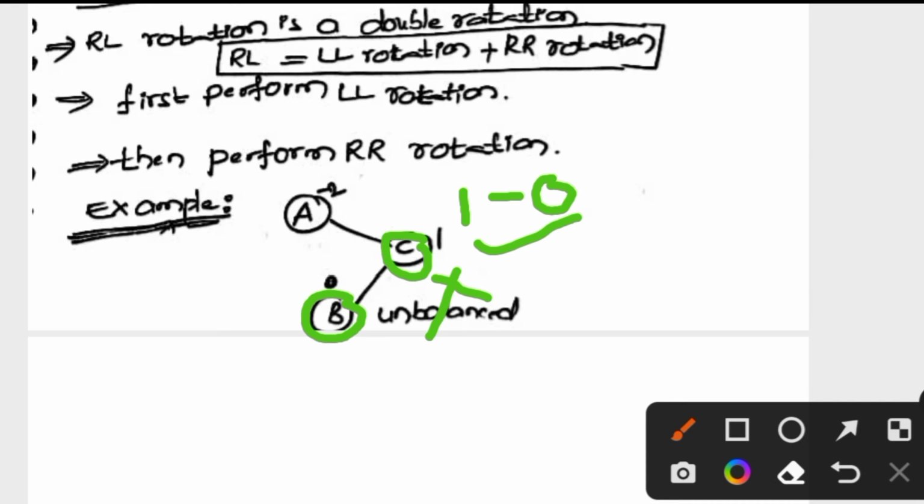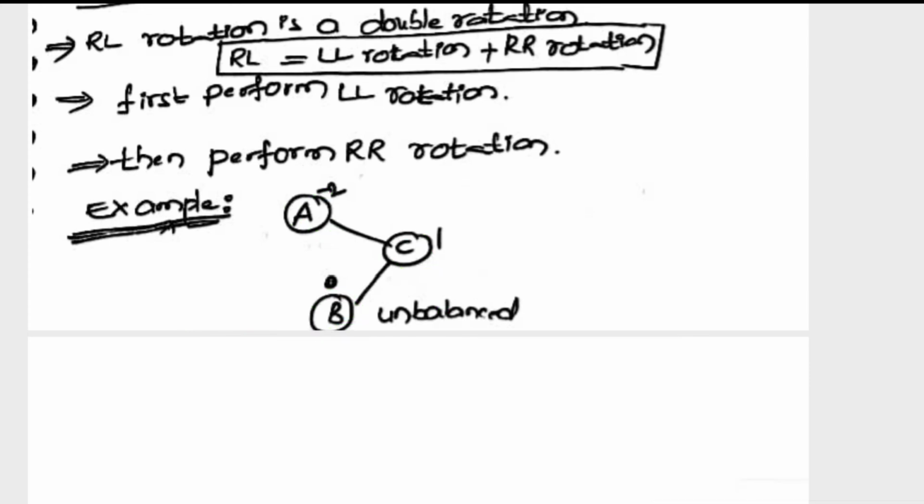And whenever you take a node, we have to see the height of the left subtree, which is not there, so we take it as 0, minus the right subtree. There are 2 elements, C and B, so minus 2 will come as the balance factor. Now minus 2 is not a valid balance factor, so we have to balance the tree. We have to apply the rotation first.